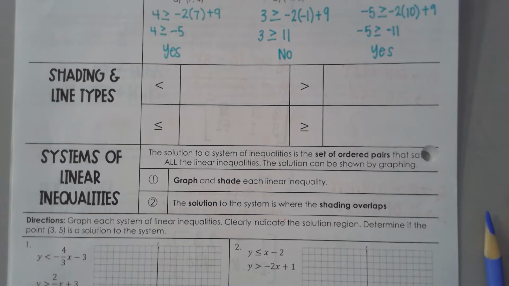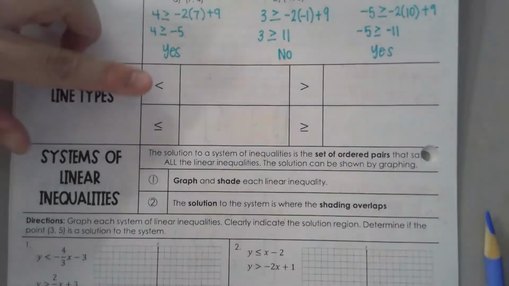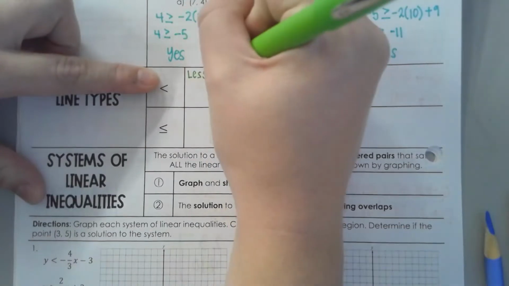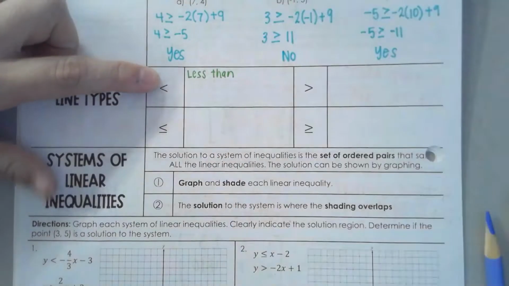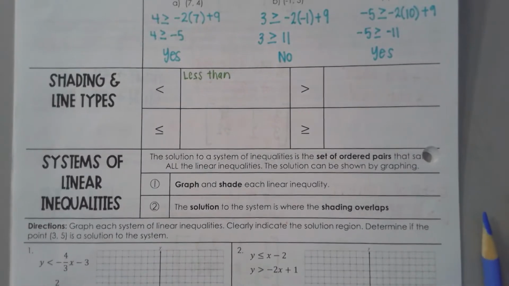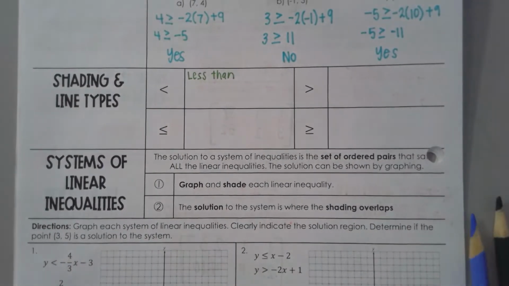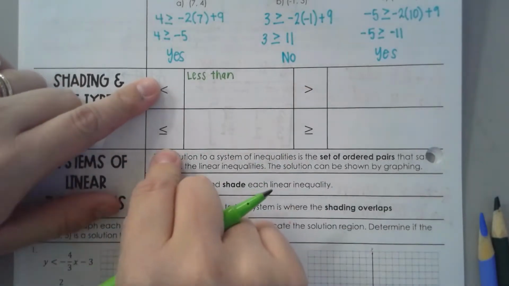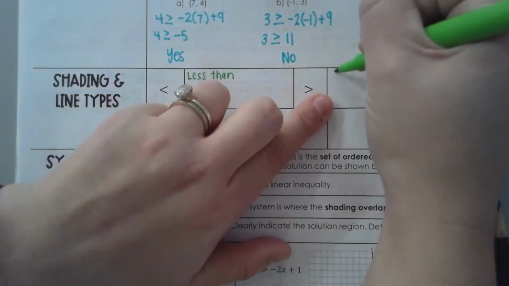So the first thing, this symbol is a less than symbol. Just less than. You need to get away from thinking the alligator eats the bigger number. You need to memorize these symbols. This one is greater than.